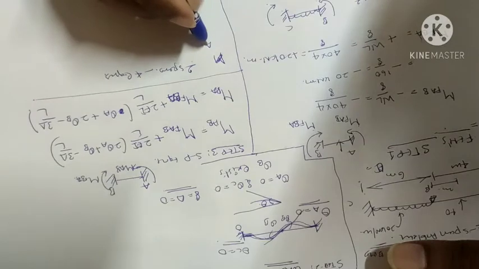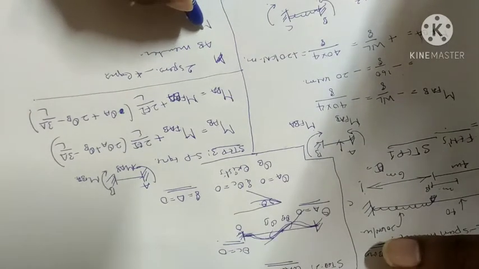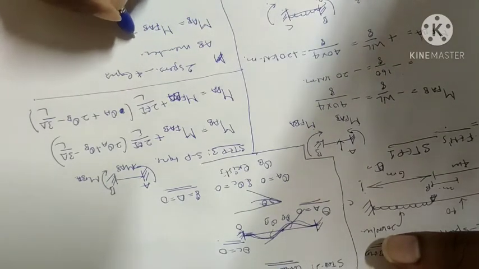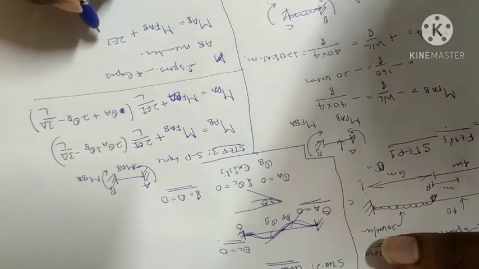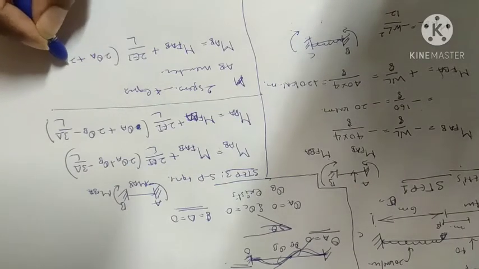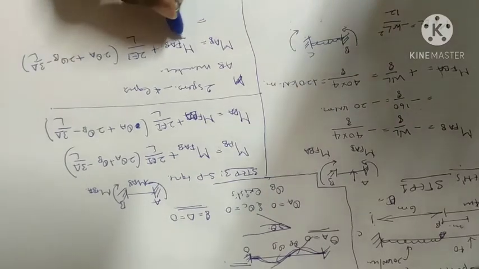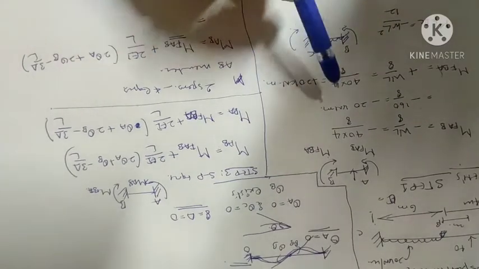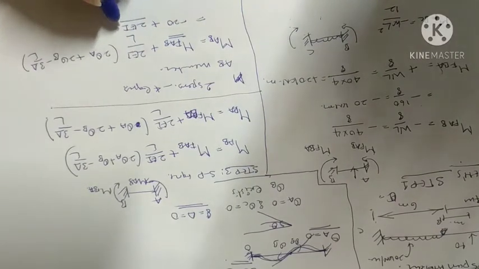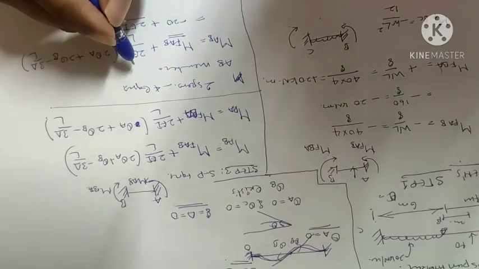For member AB, MAB is equal to MFAB plus 2EI by length times 2 theta A plus theta B minus 3 delta by L. MFAB is minus 20 plus 2EI, with EI constant. The length of member AB is 4 meters.